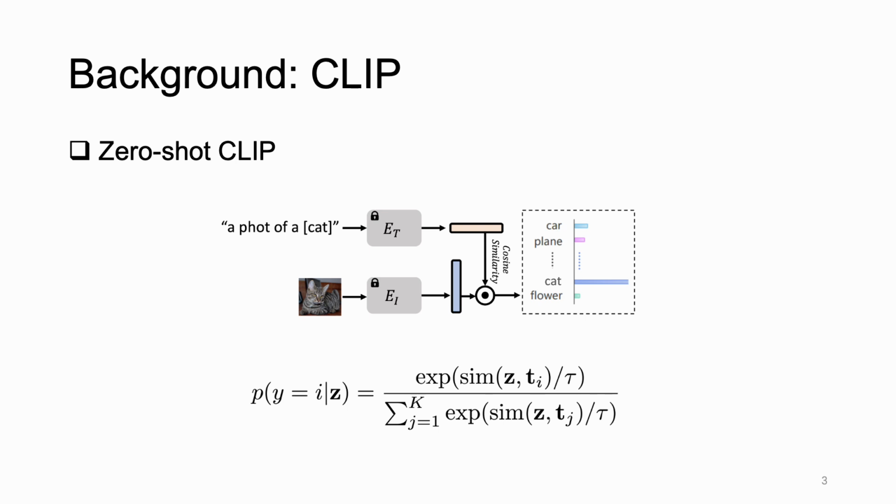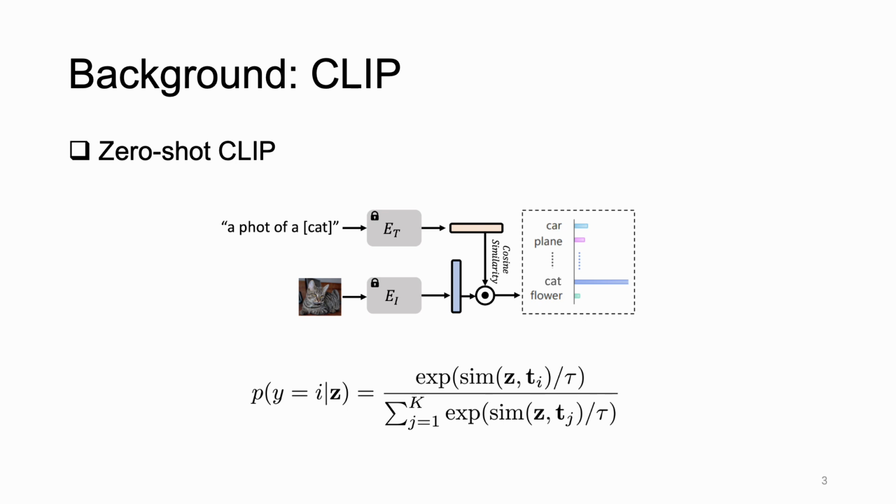In real life, when you want to classify one particular class, you just need its name. Here, for example in this figure, it is cat. We can combine the template, a photo of a, with the class, and then input it into the text encoder to get the text embedding.